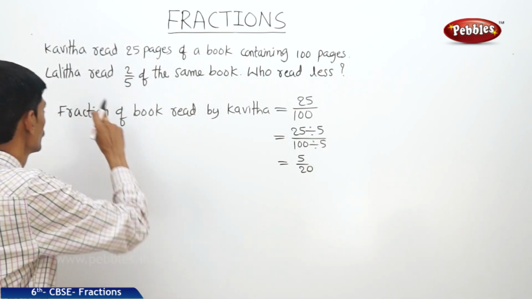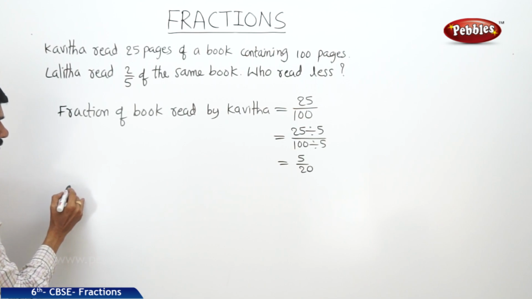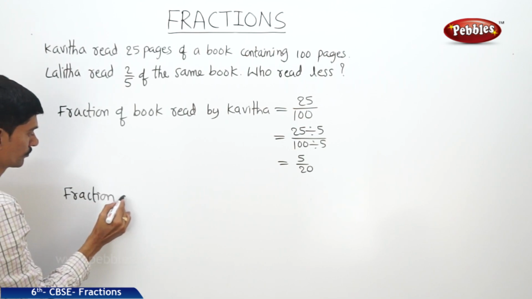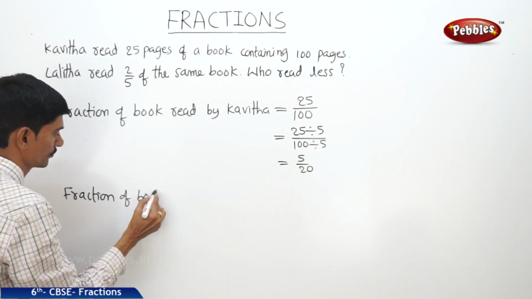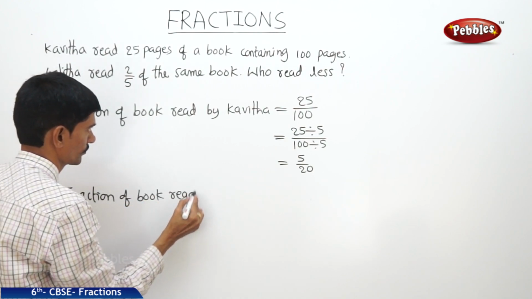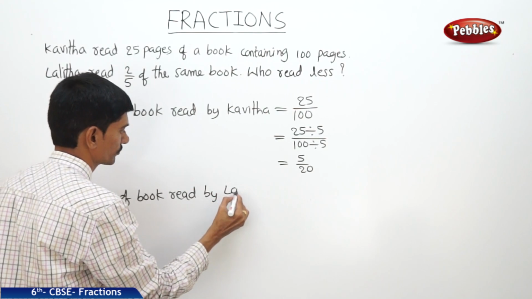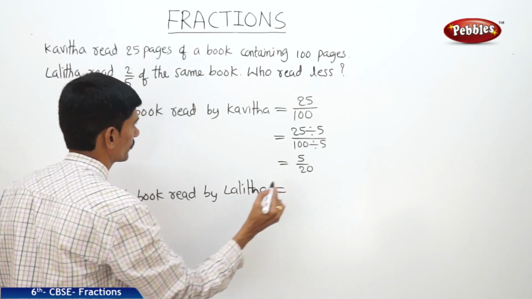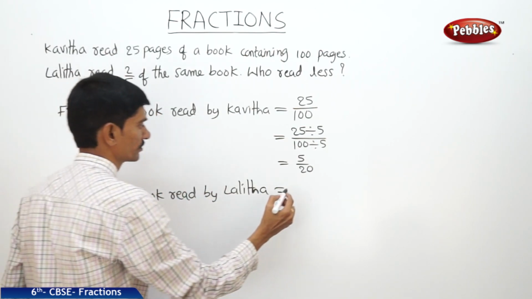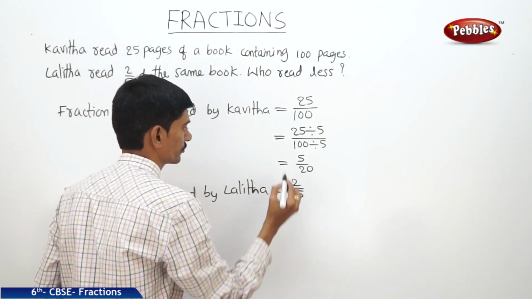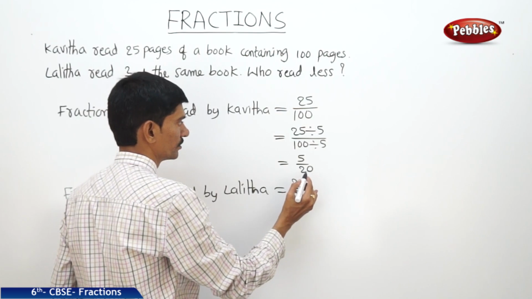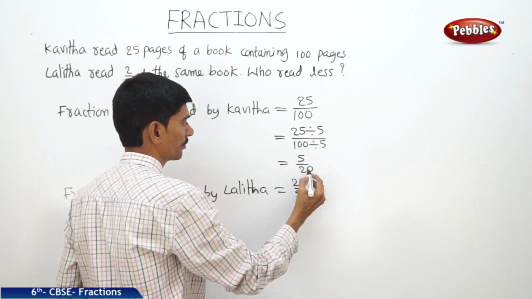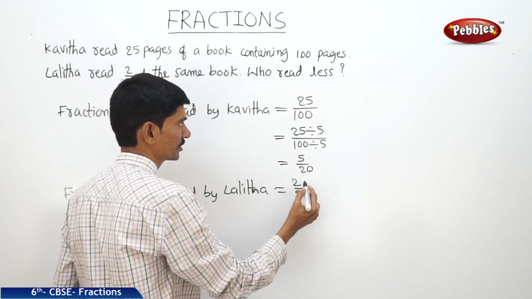Now the fraction of the book read by Lalita equals 2 by 5. When you compare the denominators, here the denominators are not equal.